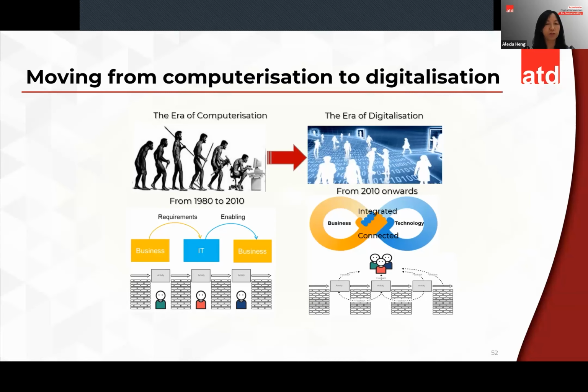IT will come up with the scope, and then after that, we'll pass back to business again. But in the era of digitization, customer will define what is good, what they want to look at, and business and IT should integrate in a way that technology is helping business to leapfrog into the next level, right? To deliver their capabilities.